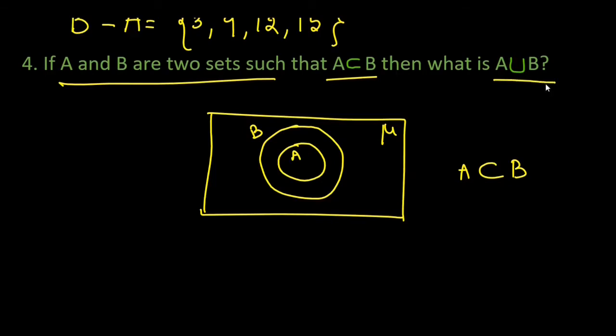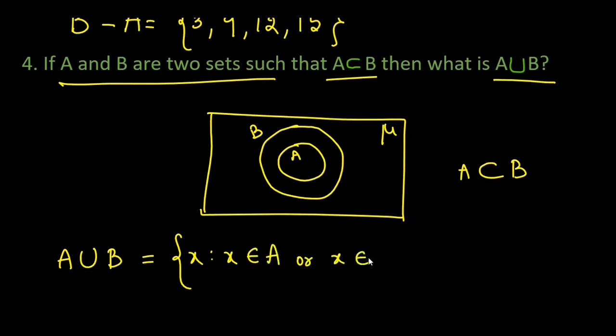Now we want to find A union B. A union B means X such that X belongs to A or X belongs to B. The elements should be either in A or in B, of course, or in both.